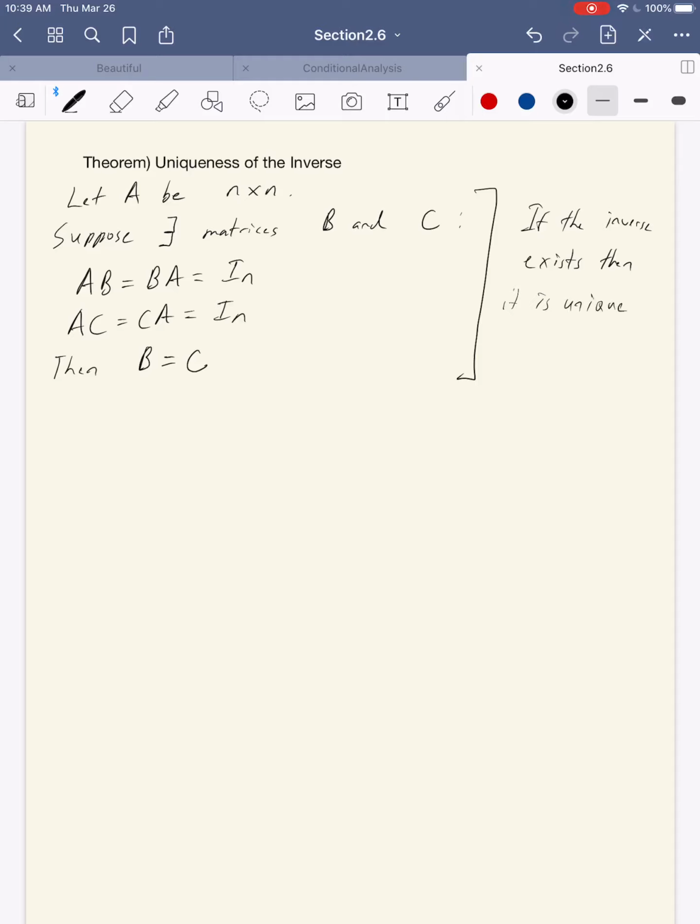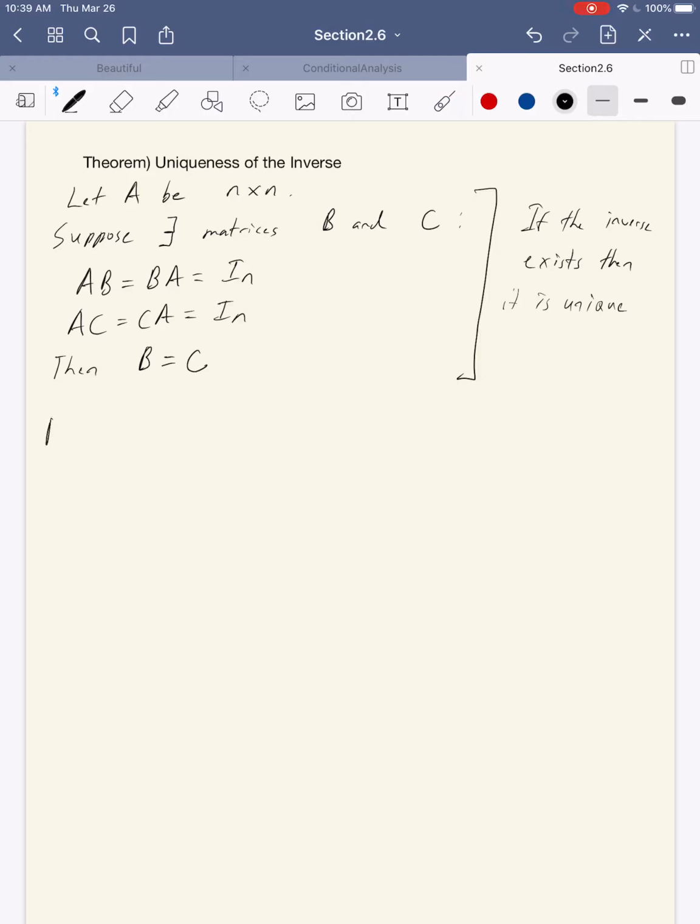So if you have an inverse, there's only one inverse out there. Now, this does not do anything for proving that the inverse exists, because we're just supposing that in this theorem. It's going to be a little while before we get to the conditions that confirm that the inverse actually exists. Right now, we're just saying that if it exists, then there is only one of them.